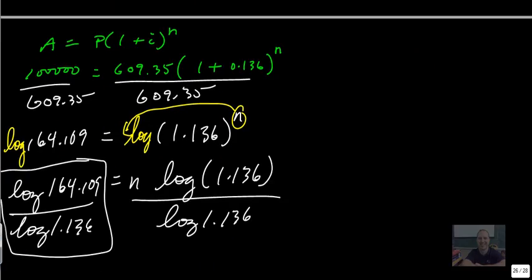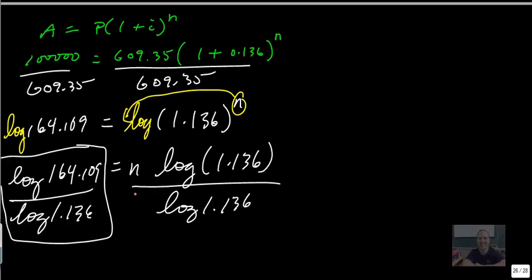One more thing I want to add here, because there's a question about solving for n. We have to think back to the lesson about logarithms, because in order to get this n out of the exponent position, we're going to have to use logarithms to bring it down. For this particular question, fill in all these values.